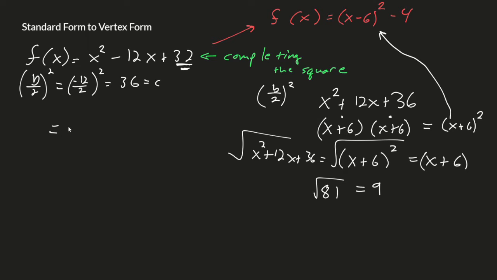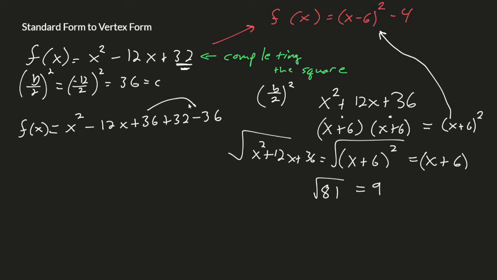So the way we're going to express this is x squared minus 12x plus 36. See how I'm just injecting my c value to where I want it to be? The problem with that is this function has to remain equal. If I just change this number to 36, they're not the same function anymore. So I'm going to add my 32 here to make note that 32 is still part of the original function, and then I'm going to subtract 36.